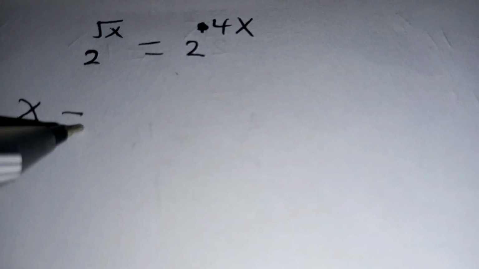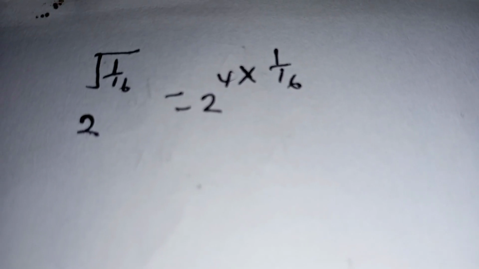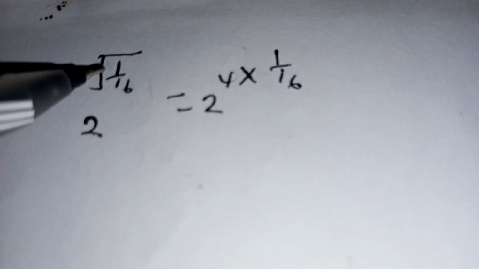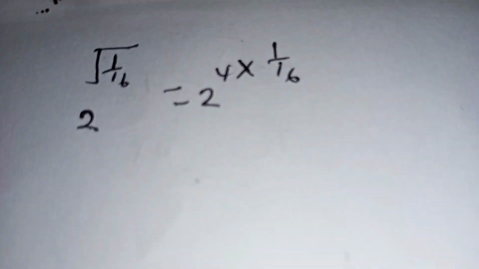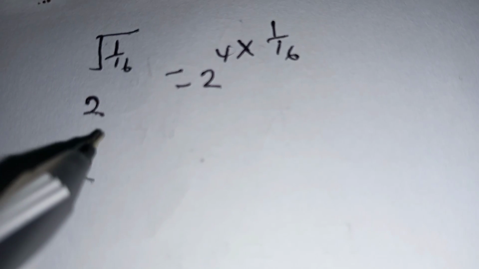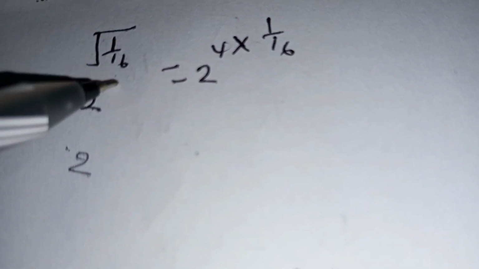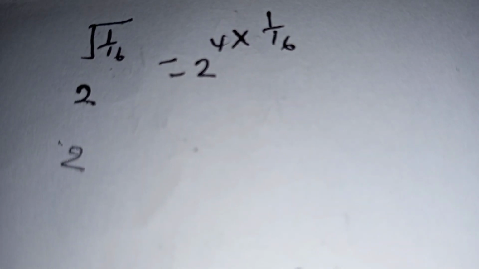We substitute our value. You are told that x is equal to 1 over 16. So square root of 1 over 16: square root of 1 is 1, and the square root of 16 is 4. So it will be 1 over 4.